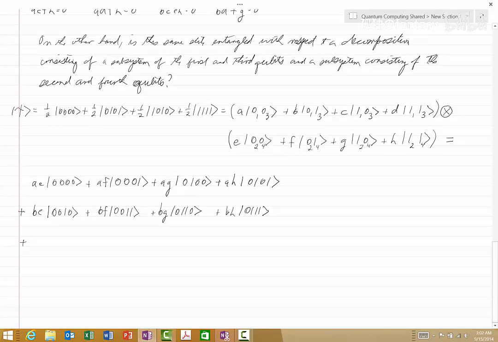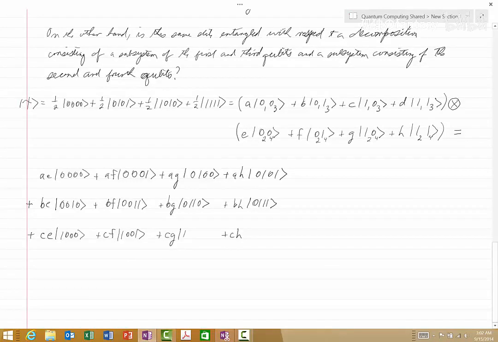The next set of terms will be CE, CF, CG, CH. For CE we have 1000. For CF we will have 1001. For CG 1100, and for CH 1101.